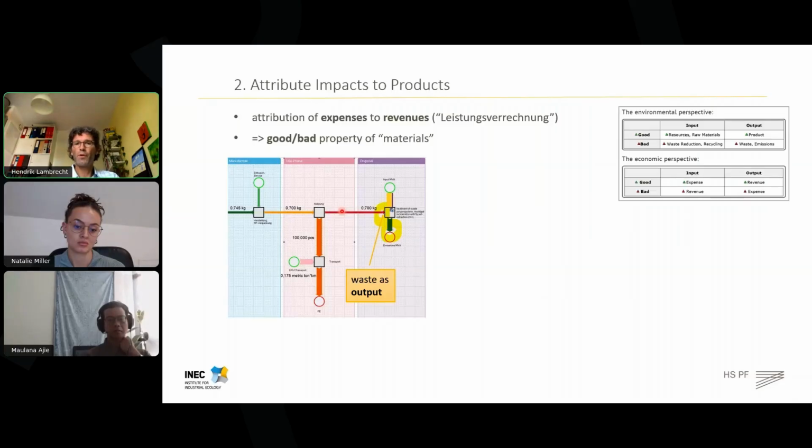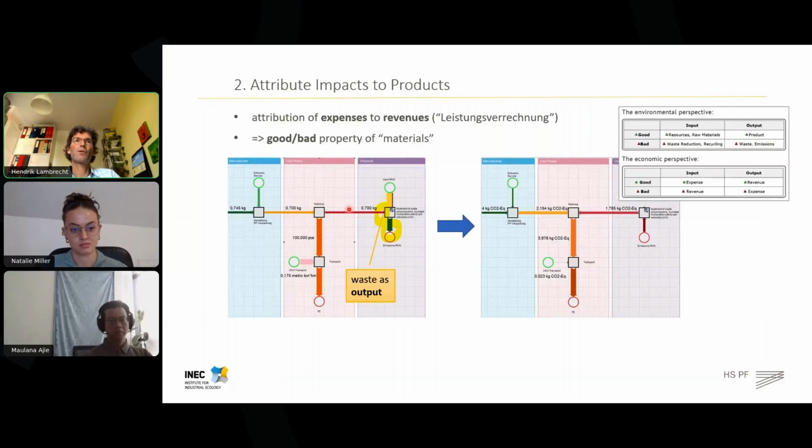If you have already worked with Umberto, you know that you have to define that different materials have the basic property of being goods or bads. This is the way you can distinguish between some raw materials, for example, on this side, and wastes on the other side.